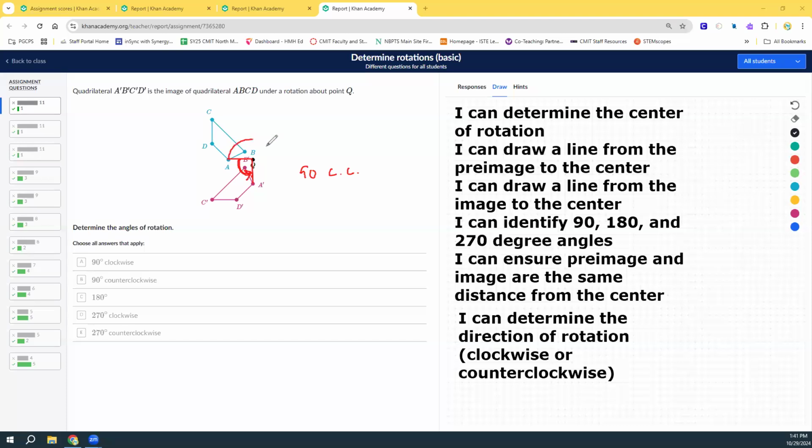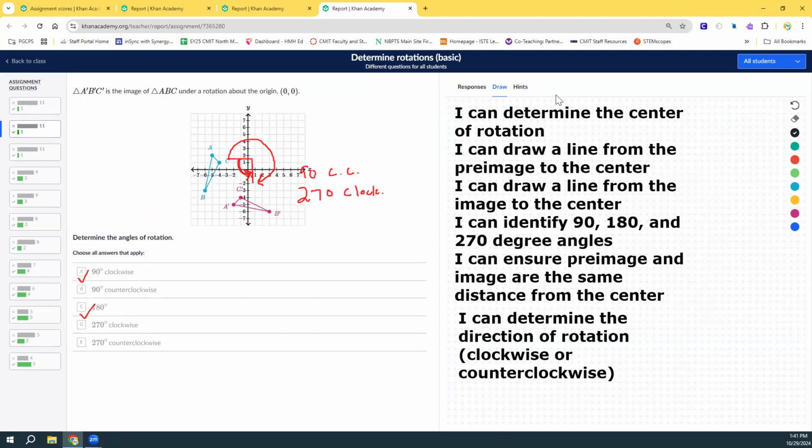Or we could go 270 degrees and get there that way, and that direction is clockwise. So there are two answers, 270 degrees clockwise and 90 degrees counterclockwise. I think I know why 11 people got that wrong. Maybe they didn't check all that applied.